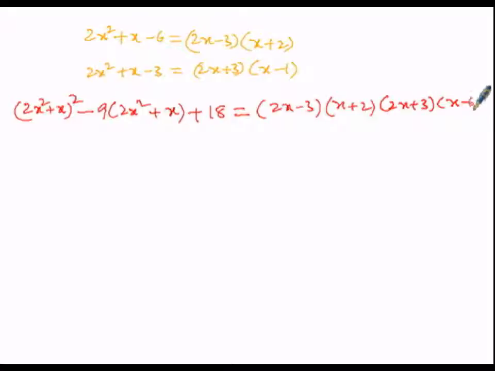So here 2x square whole square, 2 2s is 4, so it is a 4th degree expression. Therefore we will be getting 4 factors. Those are: one is 2x minus 3, the second is x plus 2, the third factor is 2x plus 3, the fourth factor is x minus 1.